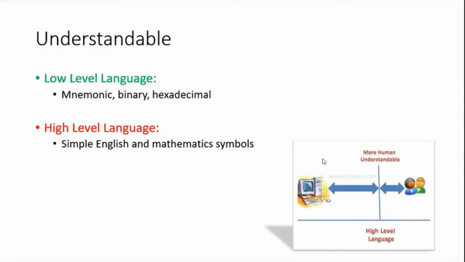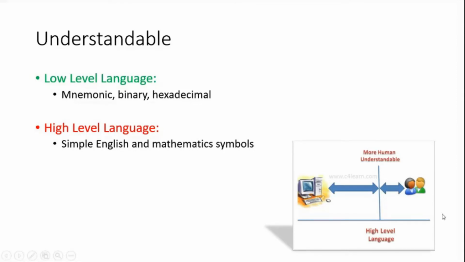If we differentiate the low-level language and high-level language in terms of understandability, the low-level languages use mnemonics, binary or hexadecimal representation of instructions as well as data. But the high-level language uses simple English and mathematical symbols.